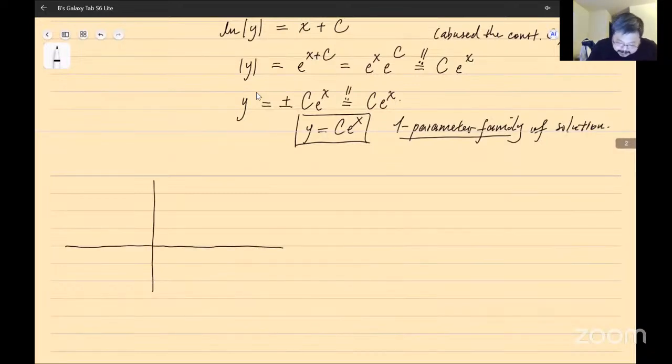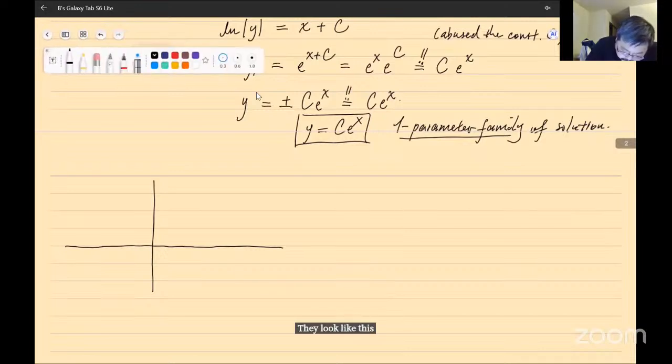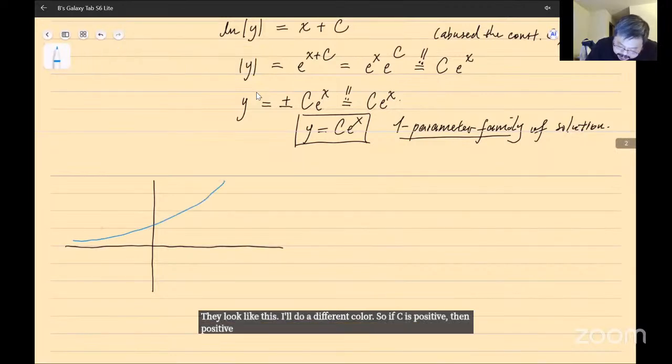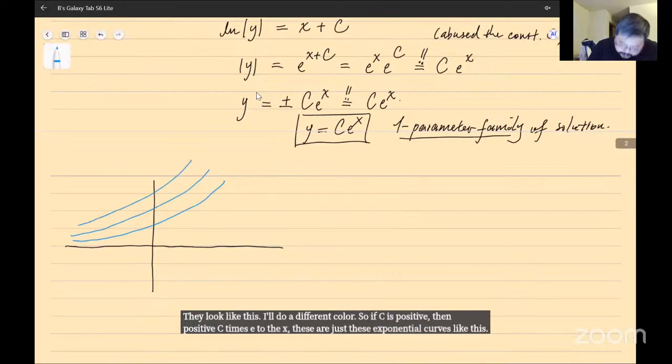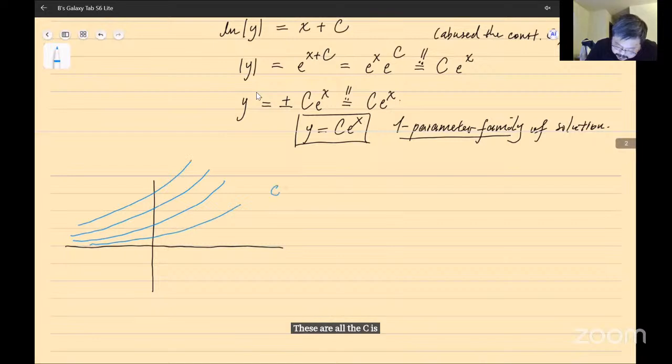They look like this. I'll do a different color. So if C is positive, then C times e to the x, these are just these exponential curves like this, right? These are all the C is positive solutions. When C is negative, that are these guys down here.